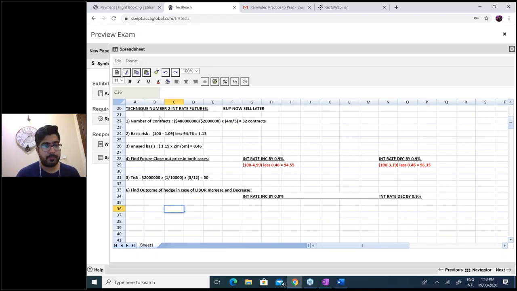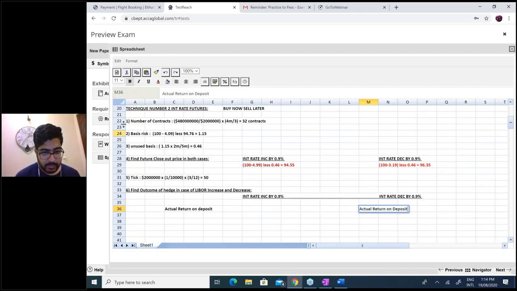actual return on deposit, and here also actual return on deposit.